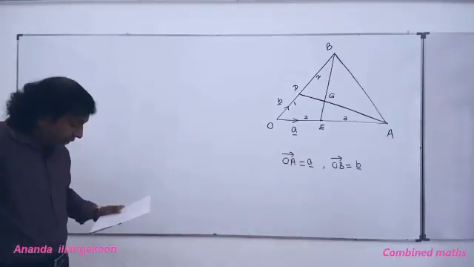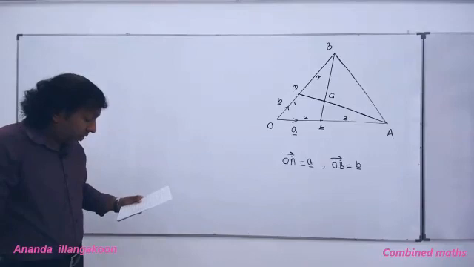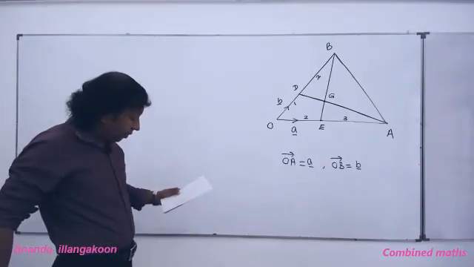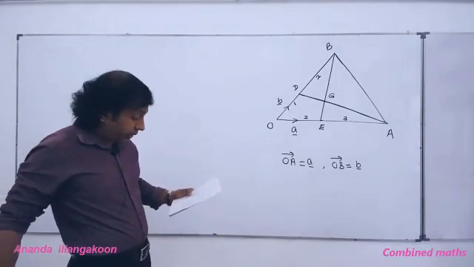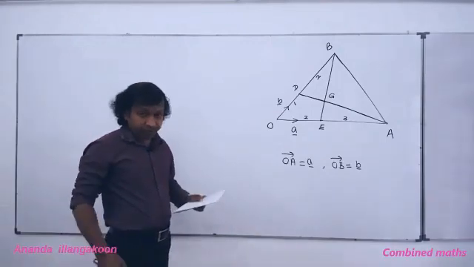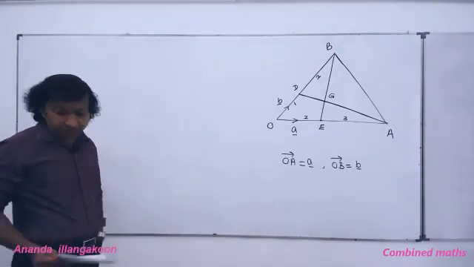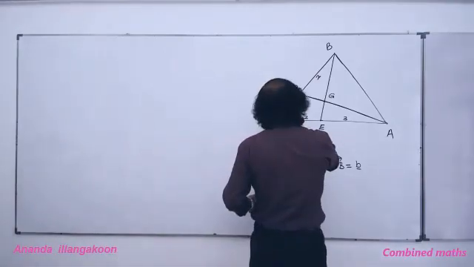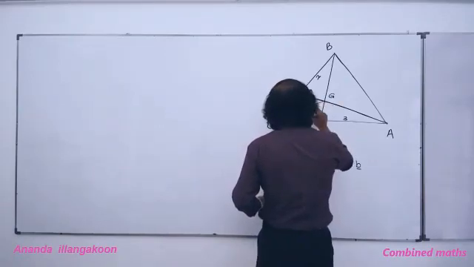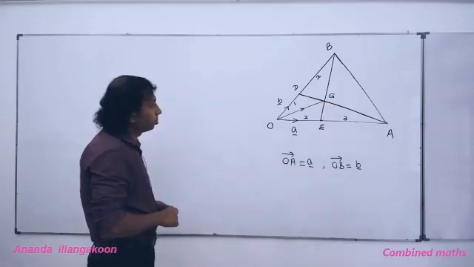Show that OG can be expressed as OG equals a plus lambda times (b divided by 3 minus a), and OG the other way, b plus this. These two answers we have to obtain. This OG vector we need to find in 2 ways.